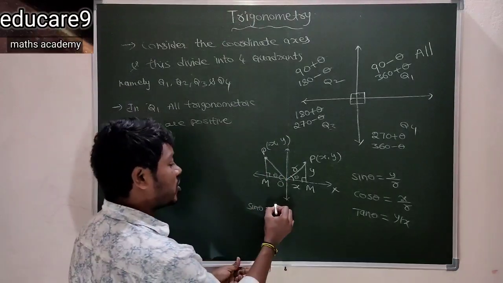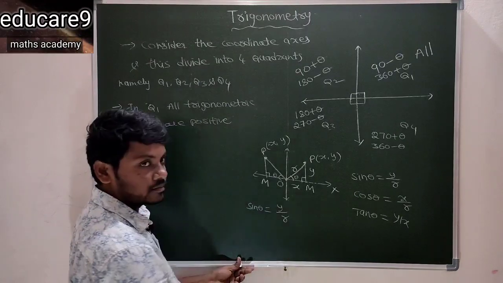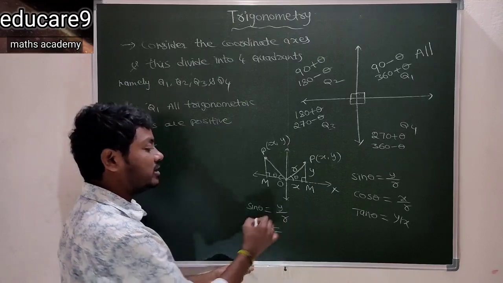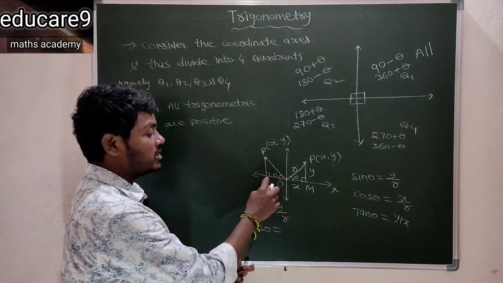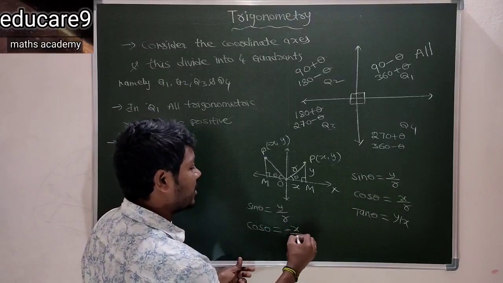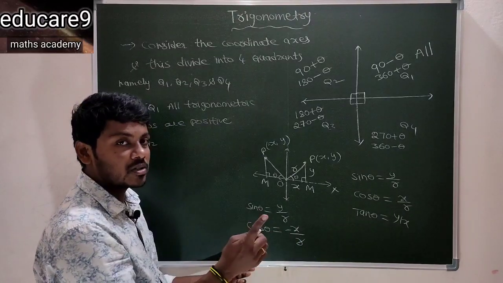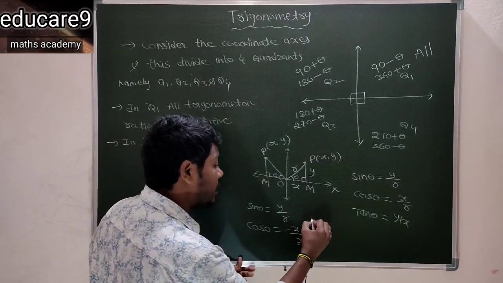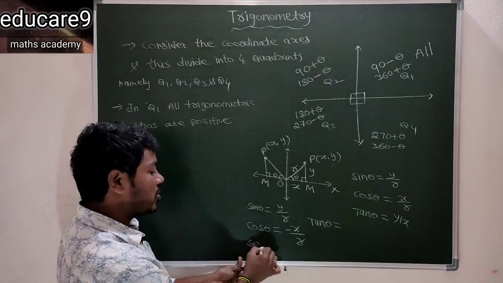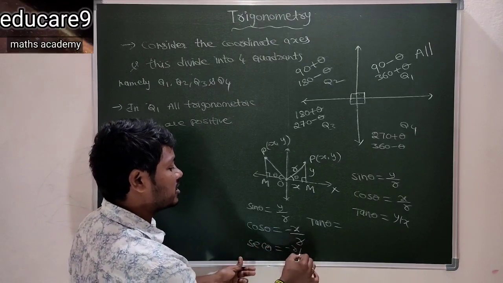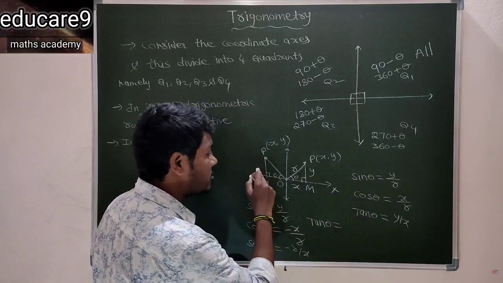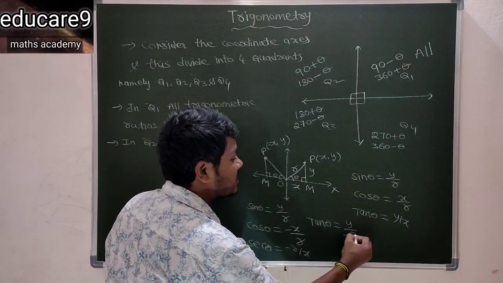So sin theta is what? y by r. And similarly cos theta, adjacent side, that is negative x only now. So minus x by r. So cos is negative. And find tan theta, opposite side, that is y by minus x.